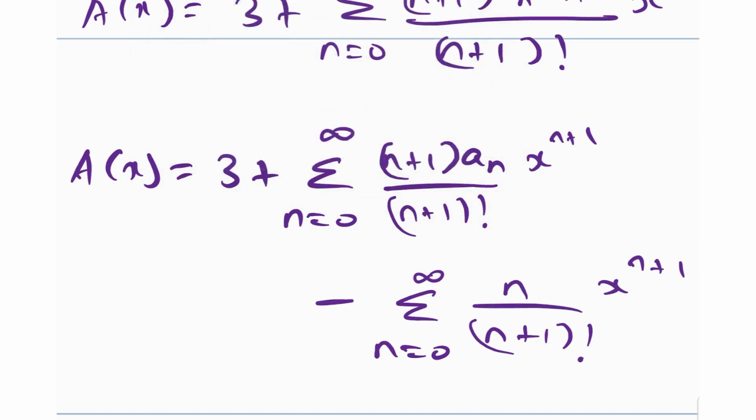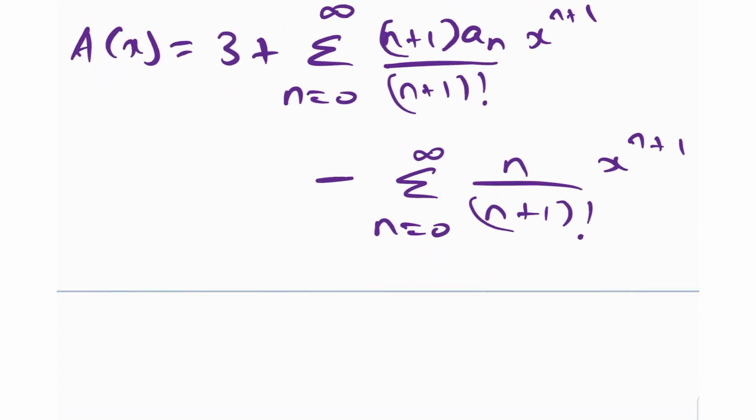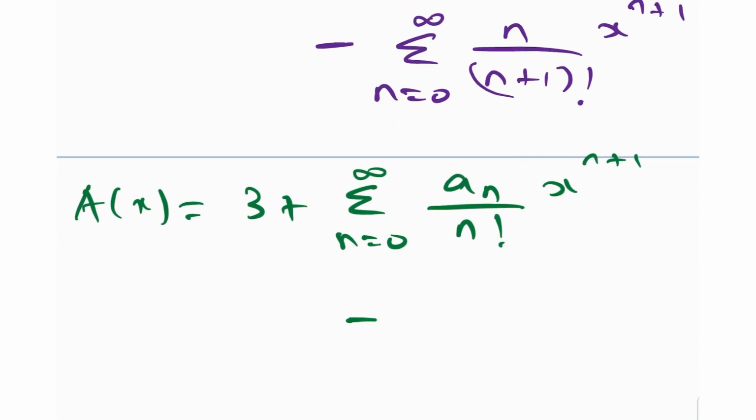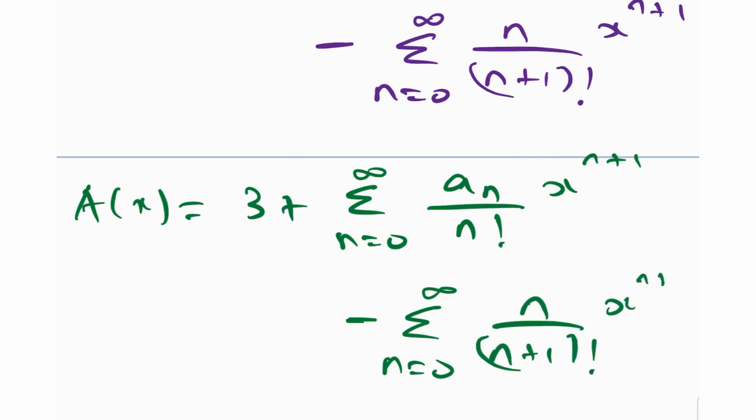But (n+1) divided by (n+1) whole factorial is just n factorial, right? So A(x) simply becomes 3 plus the summation from n equals 0 to infinity of a_n divided by n factorial times x^{n+1}, minus the summation from n equals 0 to infinity, the other term remains the same, n divided by (n+1) factorial x^{n+1}.